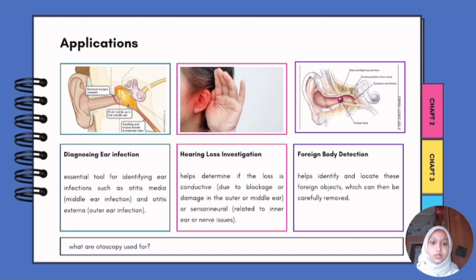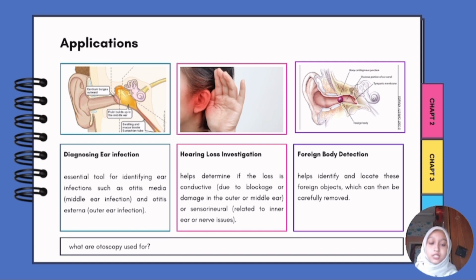As mentioned before, otoscopy is an essential tool for identifying ear infections such as otitis media, middle ear infection, and otitis externa, outer ear infection. By examining the ear canal and eardrums, healthcare providers look for signs of infection such as redness, swelling, and pus.